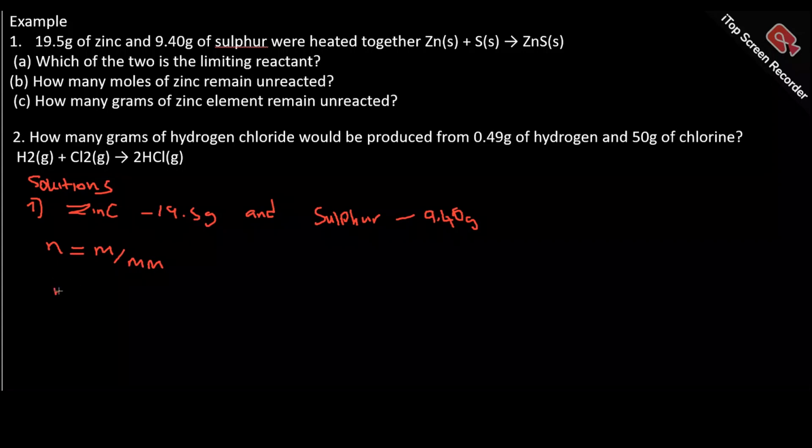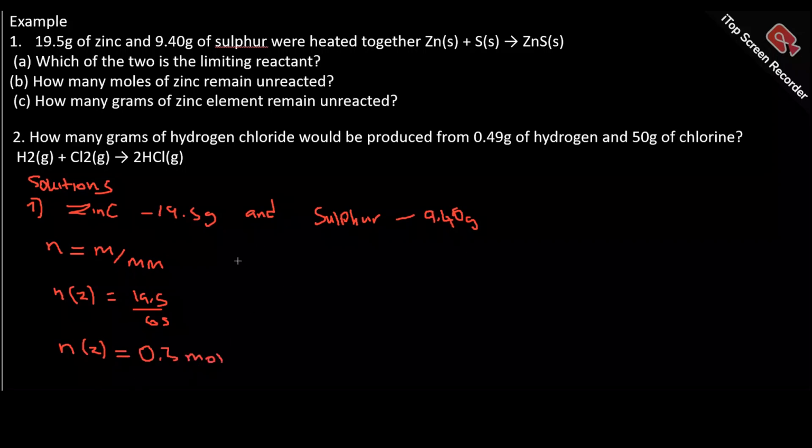So the molar mass of zinc is going to be 65. And when we divide, what are we going to get? We get 0.3 number of moles.